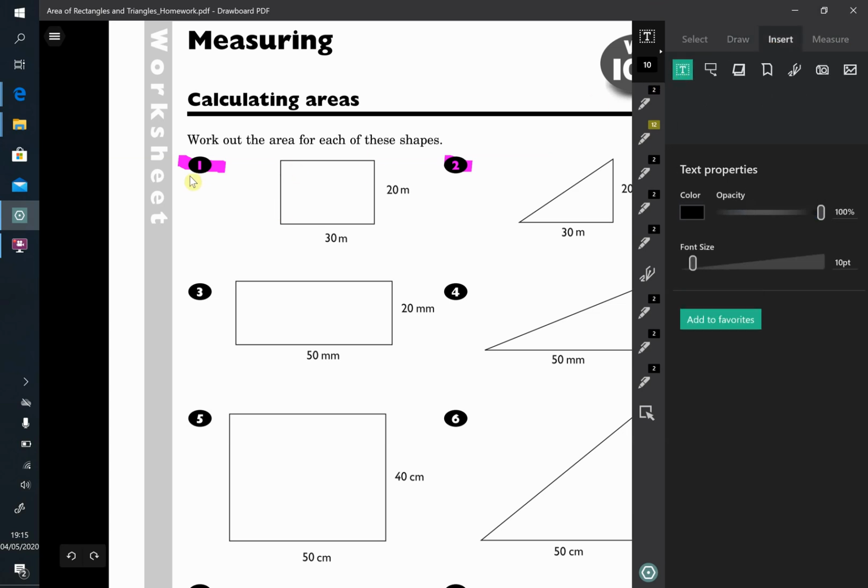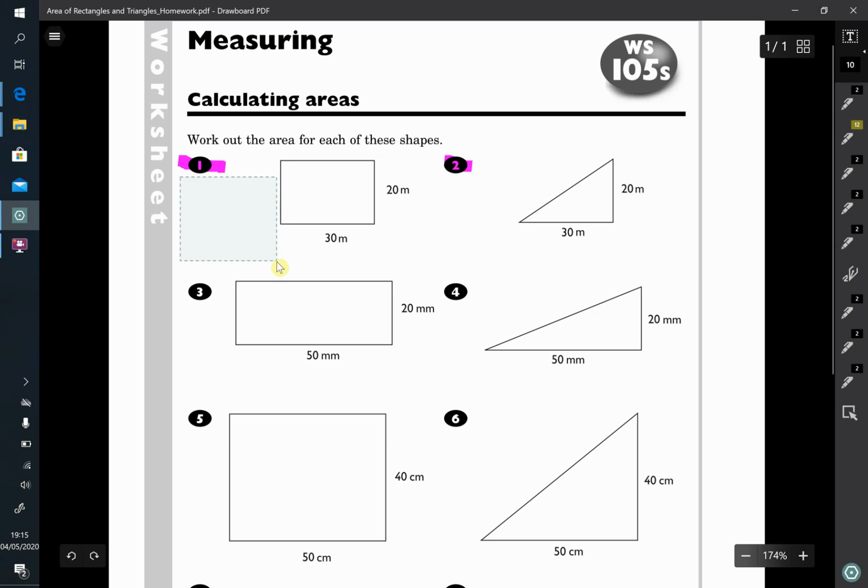Let's do our box and write it down. The equation to find the area of a rectangle is area equals base times height.